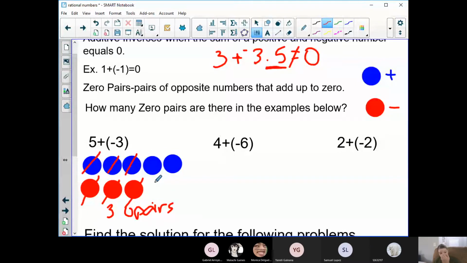What do I have left? I have 2. Are they positive or negative? Right, so 5 plus -3 is going to equal +2. And you can see that in the model. Here is what I have left, 2 positives. Okay.